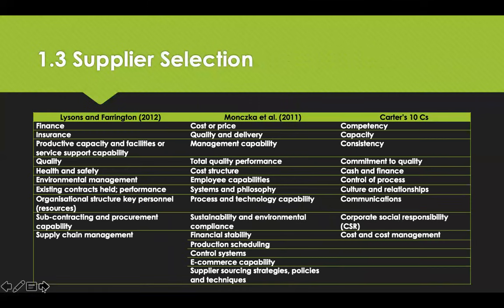Now, there is a wide range of criteria against which suppliers can be assessed. Quality, cost, and time are the most conventional, but more strategic measures have been introduced relating to supplier capabilities. So one that you've probably seen regularly in previous books is Carter's 10 Cs, which is a model that was developed to evaluate the risks of procuring goods or services from a particular supplier or contractor.